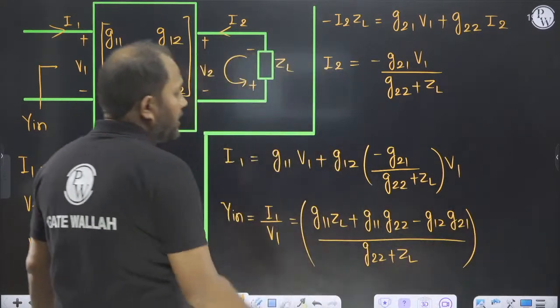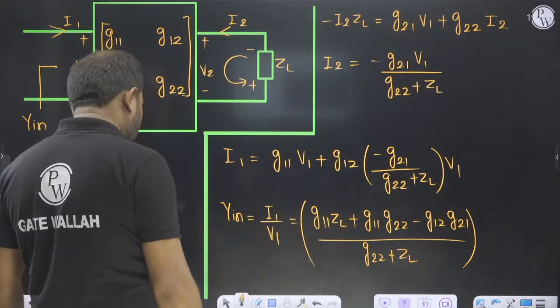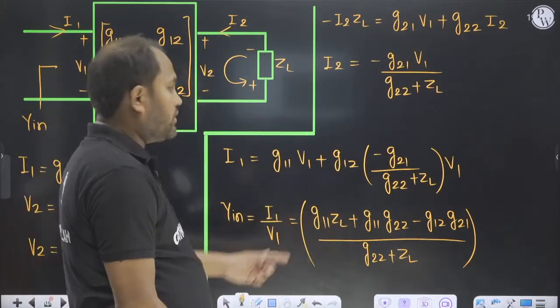In terms of YL you can also find out. ZL will be replaced by 1 by YL.